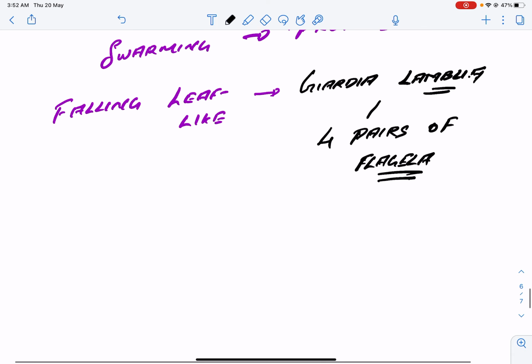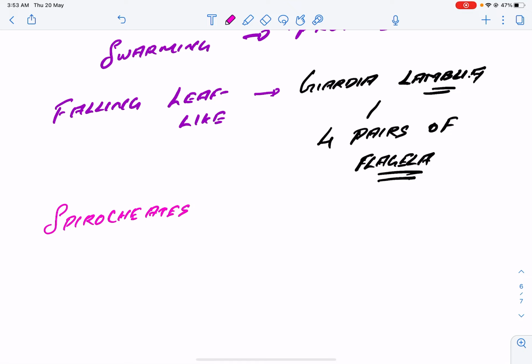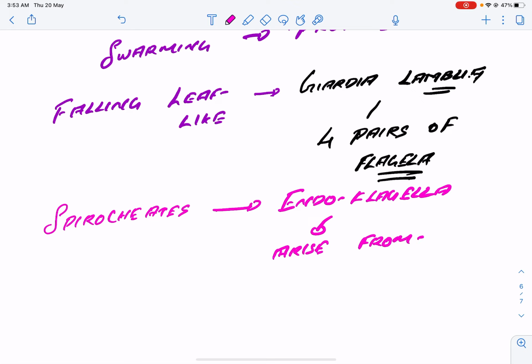Then you might have heard about spirochetes like syphilis. Spirochetes have endoflagella. They ask in the exam. They move by what? Endoflagella. And they arise from what? This endoflagella arises from the periplasmic space.